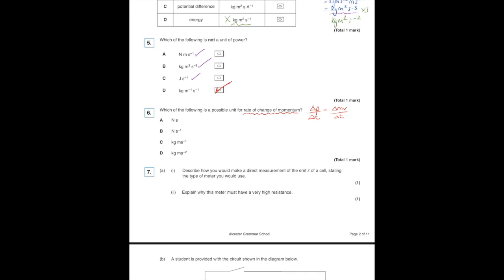Okay, so if we think about that in terms of our units, we've got kilograms as our mass, metre per second for our velocity, and then we are dividing that by time, so we've got another per second. Okay, so in that case, if we tidy that up, we've got kilogram metres per second squared. All right, and immediately you can see that that is in fact one of our options. That is option D, so that is our answer to question 6.